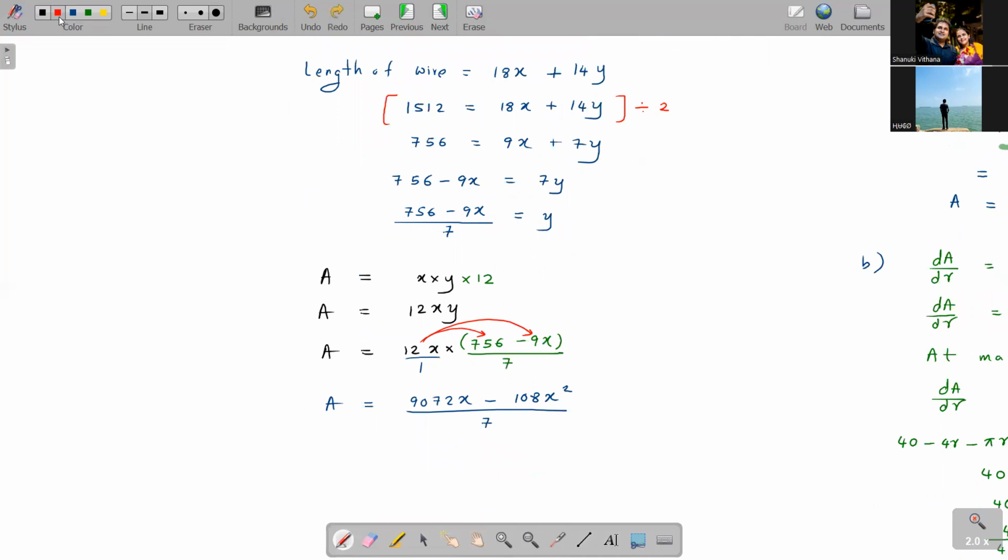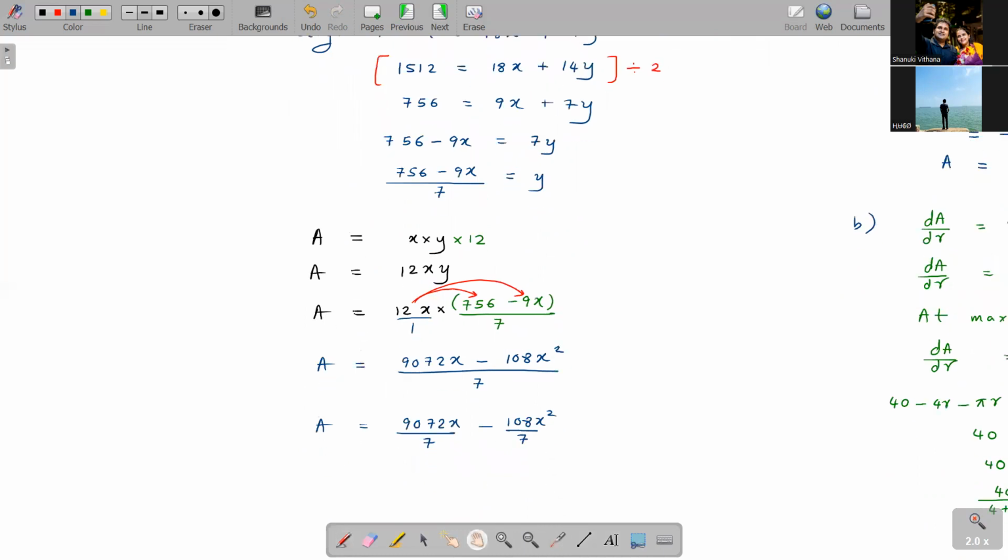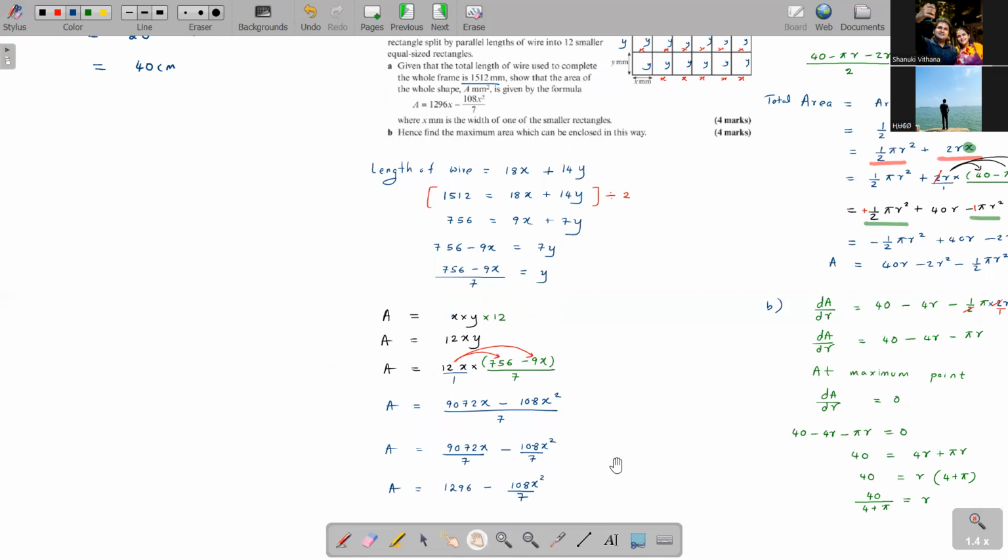Area equals 9072x divided by 7 minus 108x squared divided by 7. Do you agree with me? So 9072 divided by 7 is 1296x minus 108x squared over 7, which is what we needed to show.